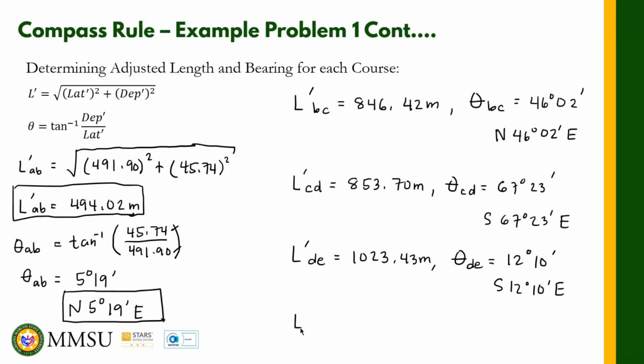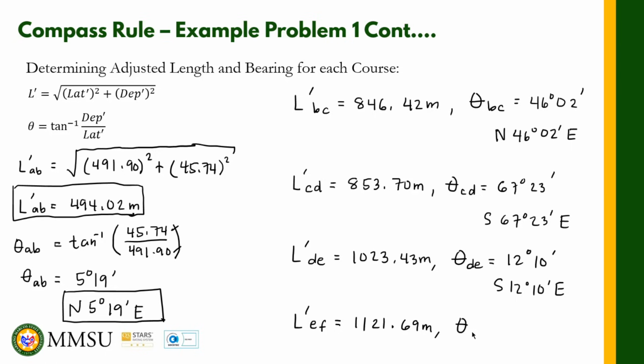Okay, and for the corrected length of EF is 125.71 squared plus 1114.62 squared. So we have a total length of 1121.69 meters.